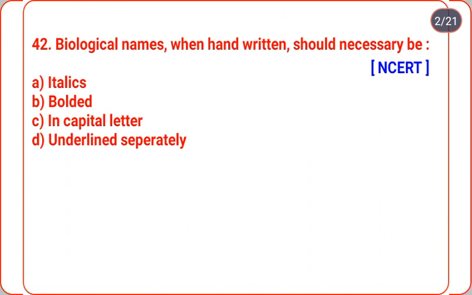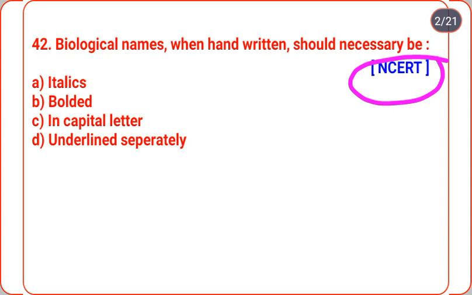Question number 42. Biological names when handwritten should necessarily be option A italics, option B bolded, option C in capital letter, option D underlined separately.